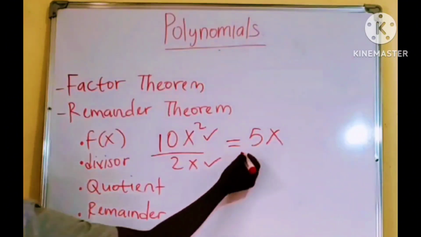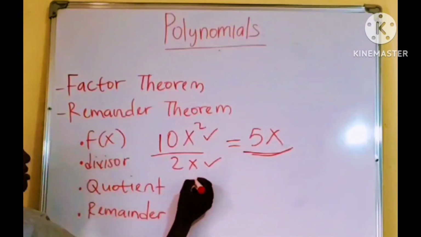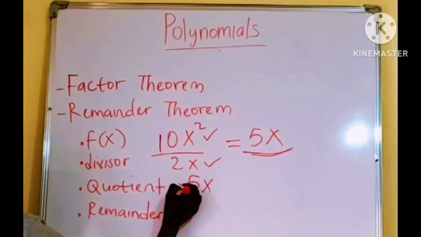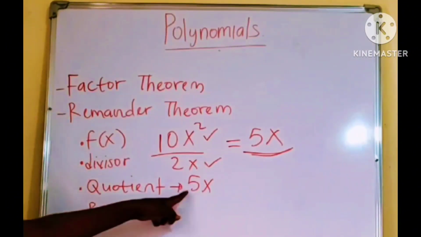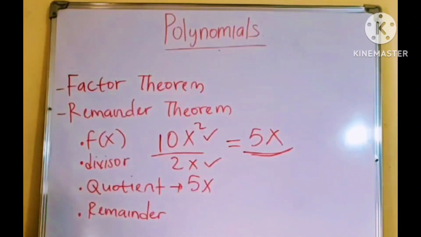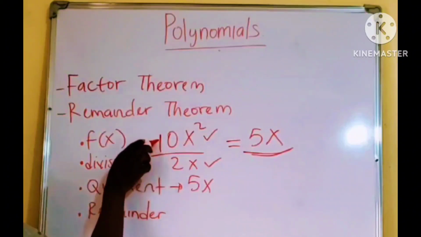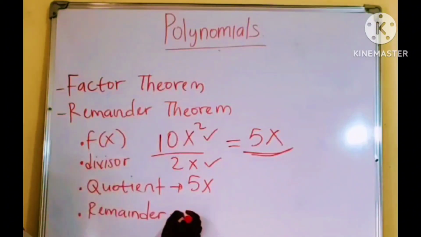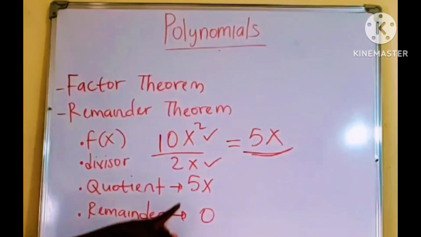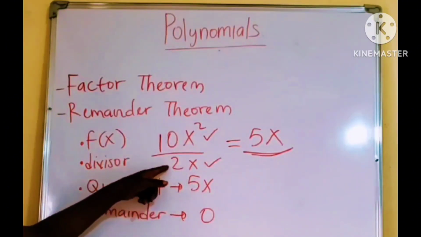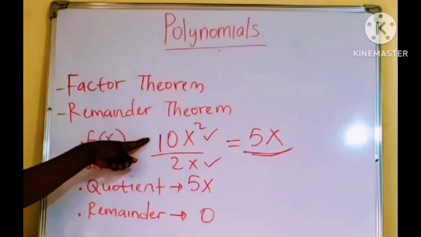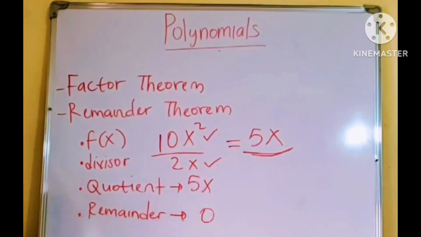Now, this 5x is what we call the quotient. And because 2x is a factor of this polynomial, our remainder is 0. Because our divisor is a factor of the polynomial, the remainder is 0.